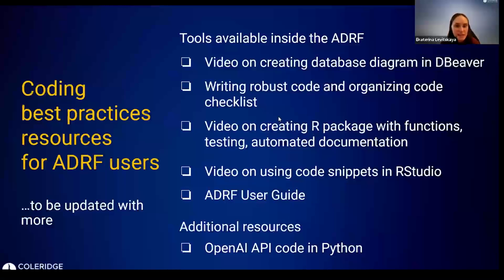Additionally, we created a template API code in Python for working with OpenAI, a generative AI. We would probably be remiss not to mention the role of AI in modern data analysis. We do find that AI can be helpful as a coding assistance tool, and especially it can help you translate code between different programming languages.